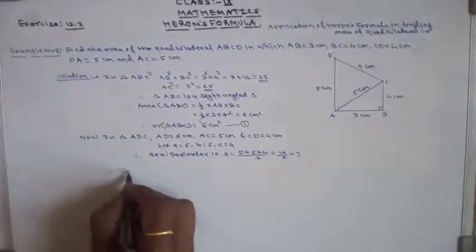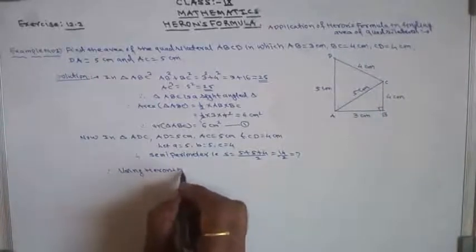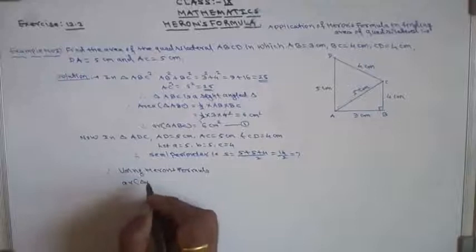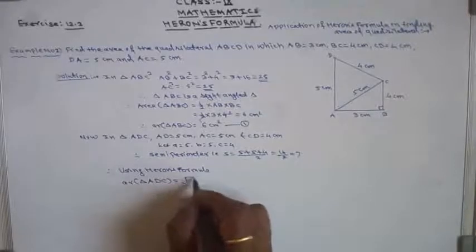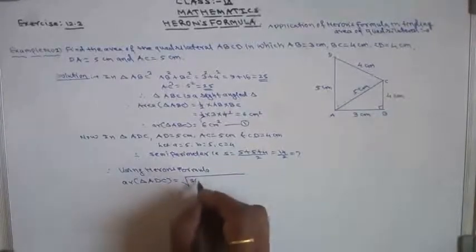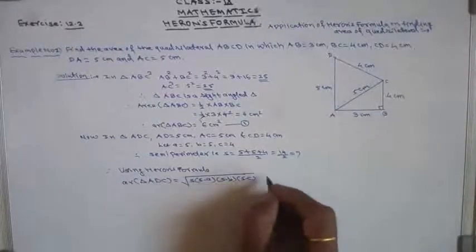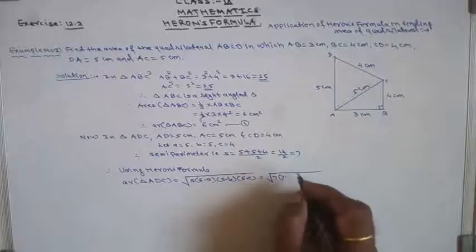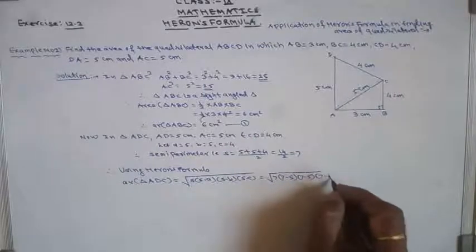Therefore, using Heron's formula, the area of triangle ADC will be equal to under root S into S minus A into S minus B into S minus C. What is S? S is 7, so 7 into 7 minus 5 into 7 minus 5 into 7 minus 4.